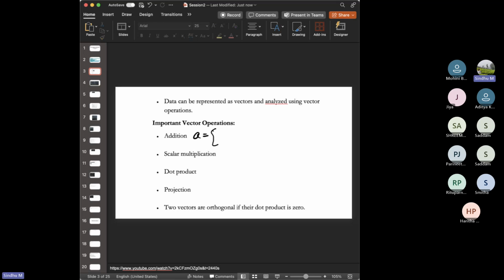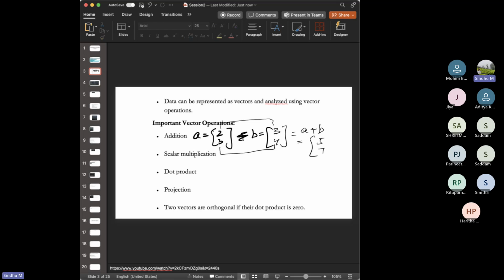So for example, if you have 2 vectors, I'm just giving some easy example. Then a plus b would be you just have to add these 2 terms and these 2 terms. So this would be 5 and 7.